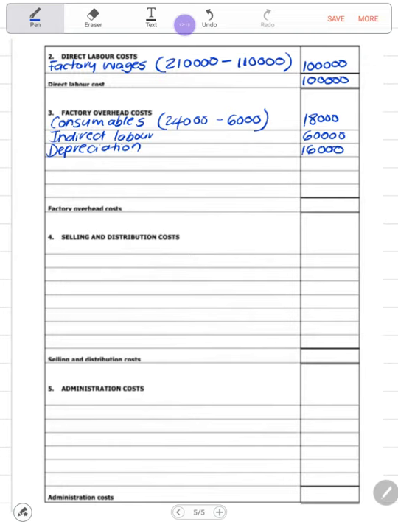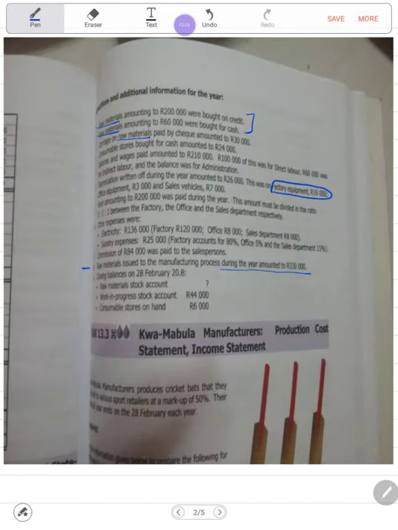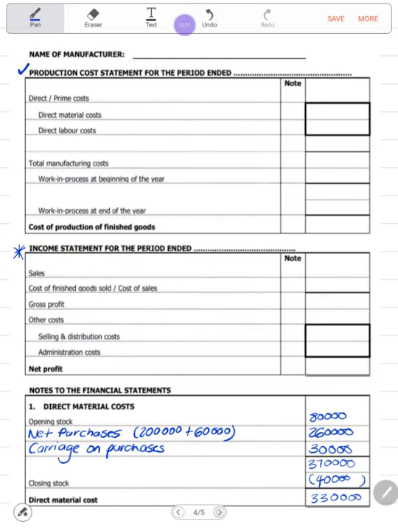And then we have rent. Let's go and have a look at what rent has got to say. The rent amounting to 200,000 was paid during the year. This amount must be divided in the ratio of 3:1:1 between the factory, the office, and the sales department respectively. So how do we do this calculation, matrix?